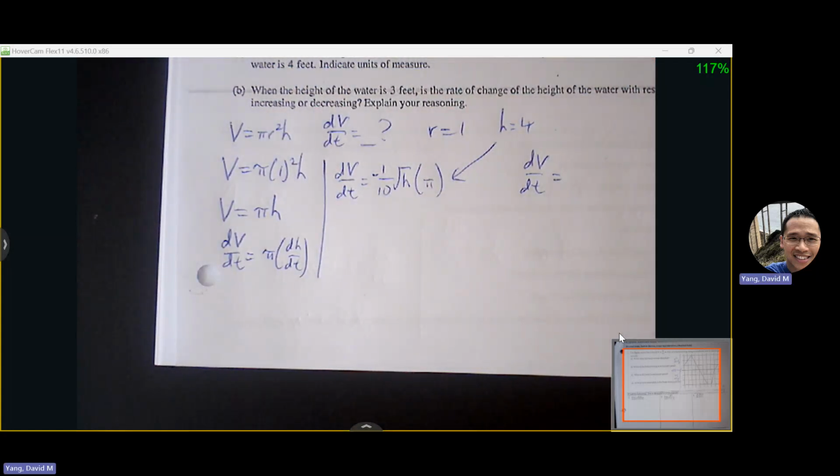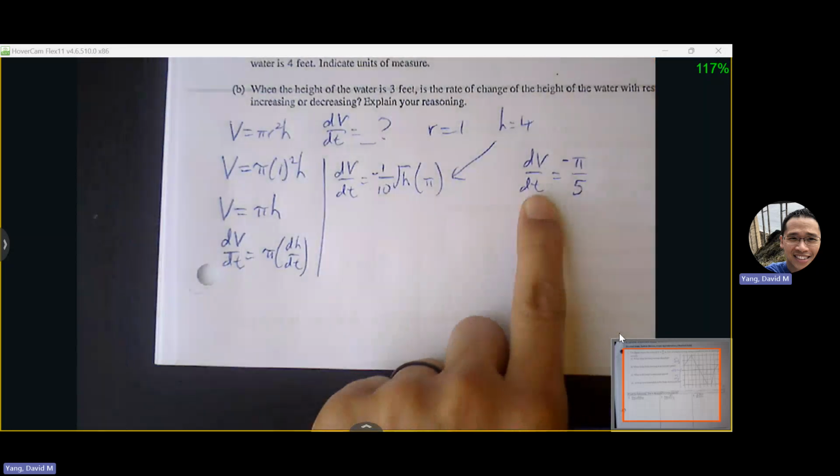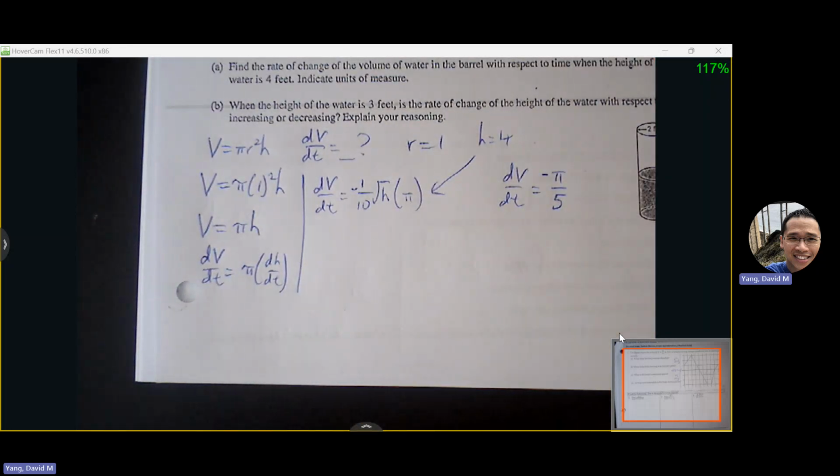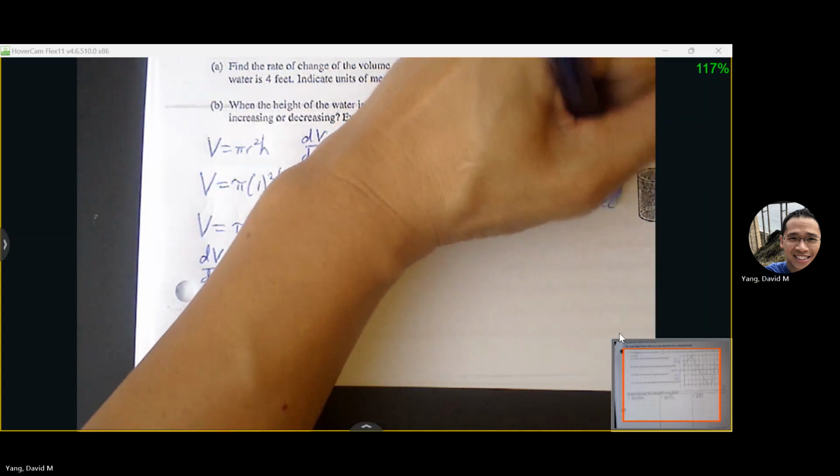So root 4 over 10 is the same thing as 2 over 10, which is the same thing as 1 over 5. So negative pi over 5. Our units of measure: volume is in terms of cubic feet, time is seconds. So cubic feet per second.